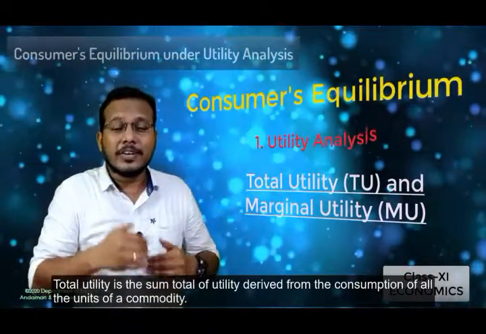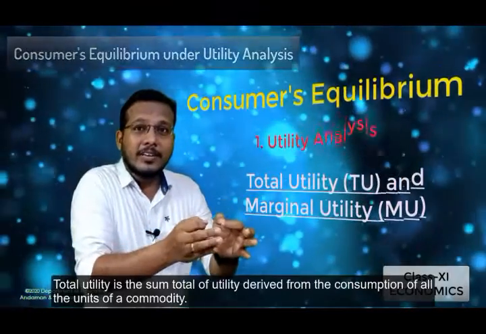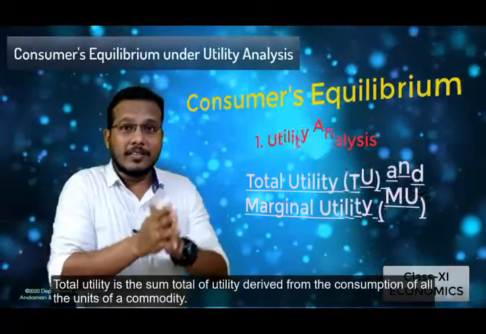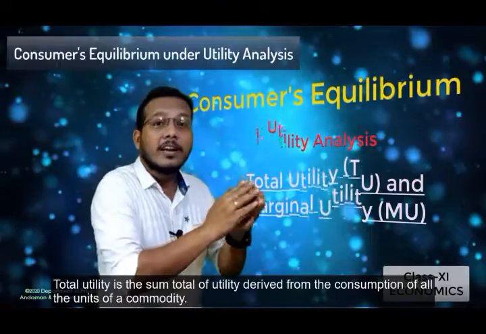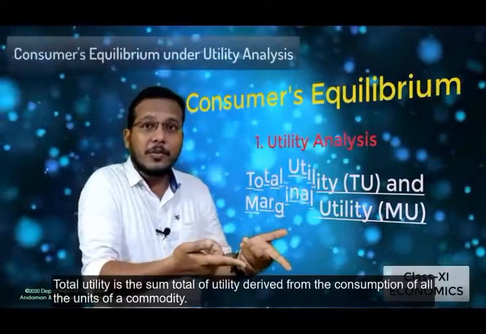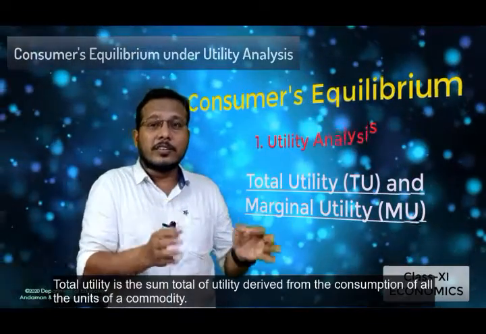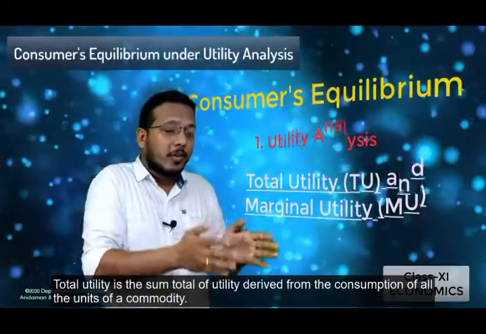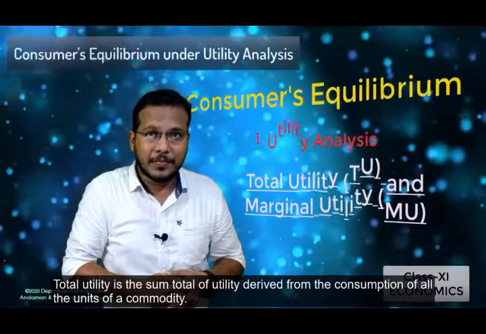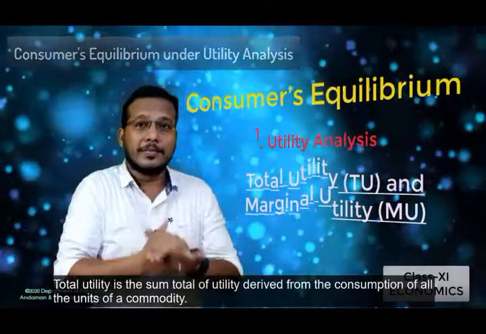So altogether we can say that the consumer derived 18 utils. From the first unit he got 10 utils, from the second unit he got 8 utils. So what is the total? Altogether the consumer got 18 utils. So that is the total utility.